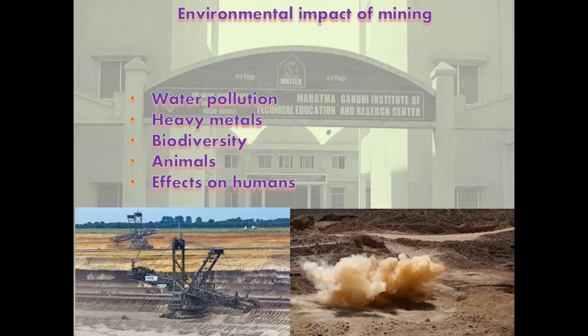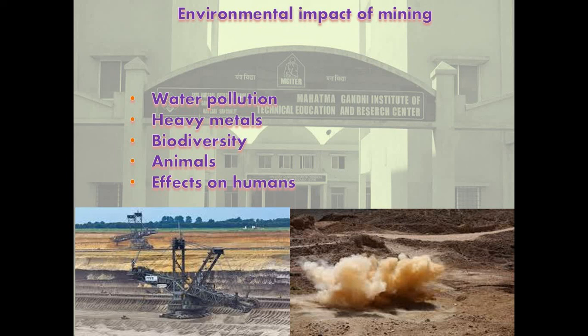Okay, fourth one is animals. Habitat destruction is one of the main issues of mining activity. Huge areas of natural habitat are destroyed during mining construction and explosions, forcing animals to leave the site. Okay. And fifth is effect on humans.